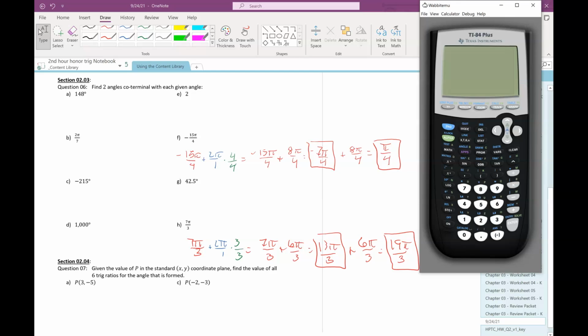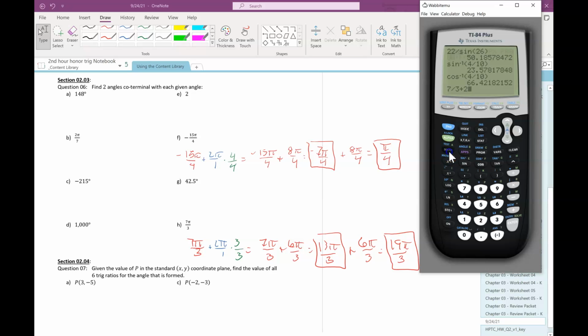And if you're ever like, fractions aren't my jam, I feel very apprehensive about dealing with this kind of stuff, your calculator can handle all this for you also. If I wanted to do 7 pi over 3 plus 2 pi, I'm just going to drop the pi's and do 7 over 3 plus 2.